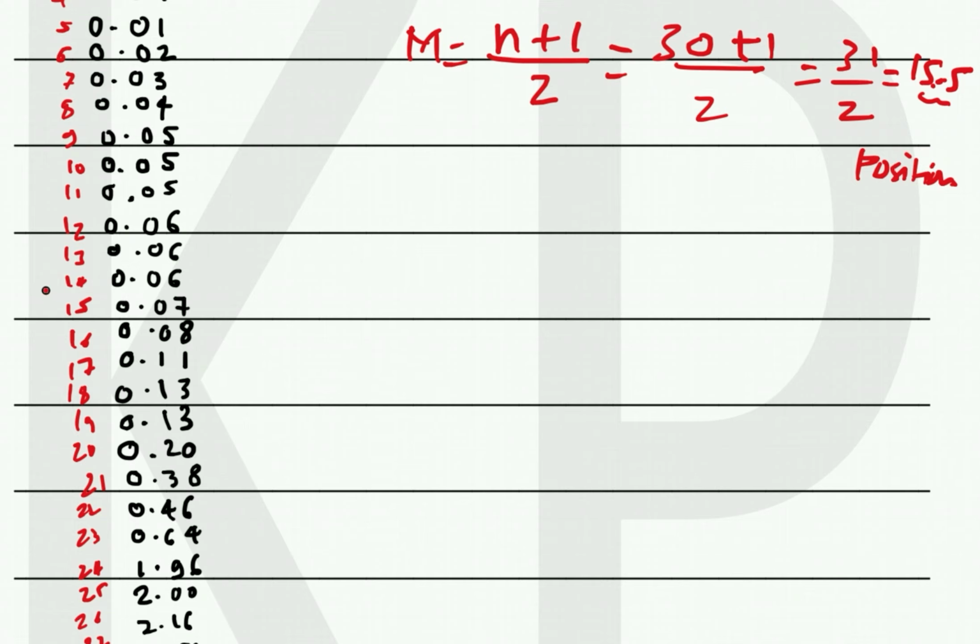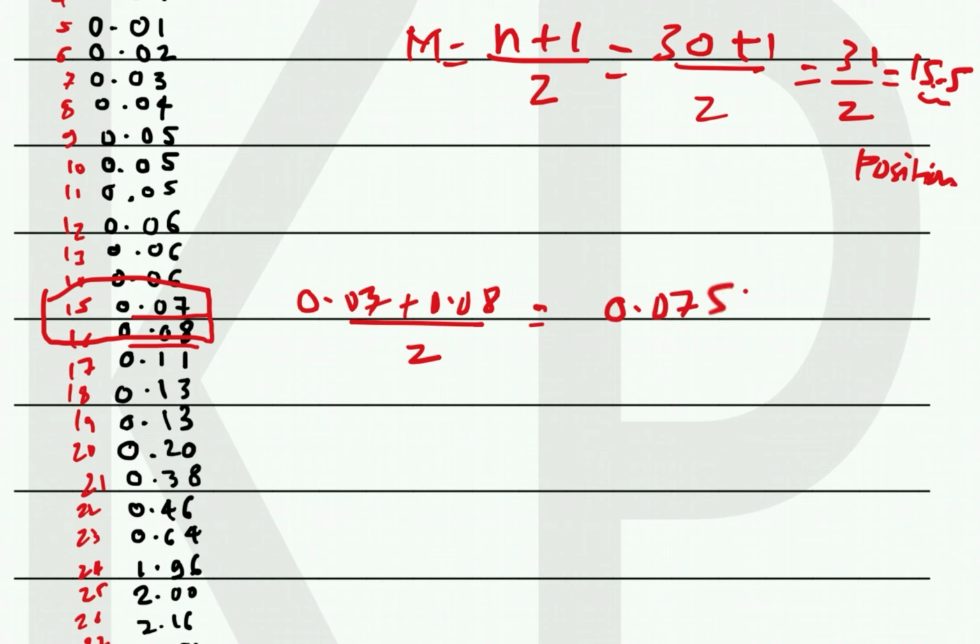So that is only the position. For the median within the data points, you have to consider these two numbers and take the average of them. So 0.07 plus 0.08 divided by 2, that is going to be 0.075, which is your median, right?